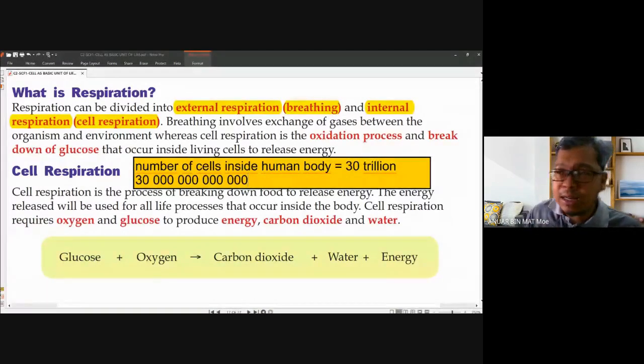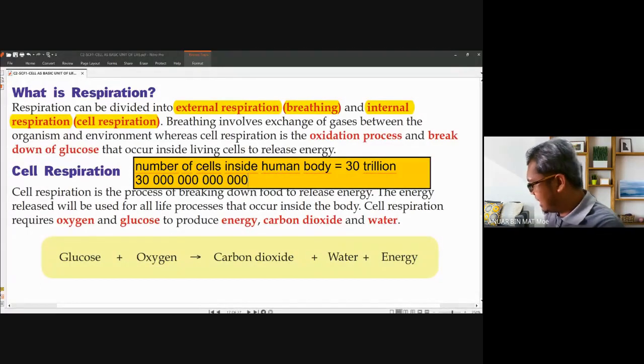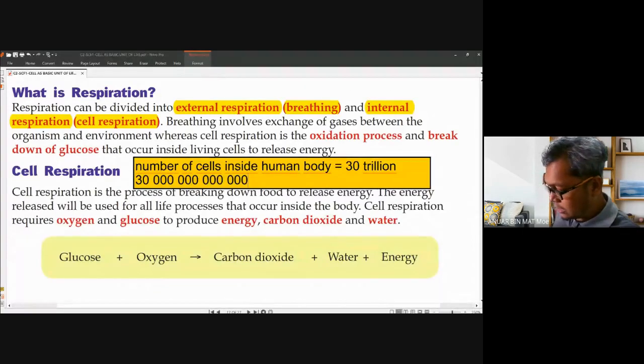But in Form 1, you need to remember only 6. You can turn to page 54: epithelium cell, muscle cell, reproductive cell, white blood cell, red blood cell, and nerve cell. Just remember these 6 types of cell.